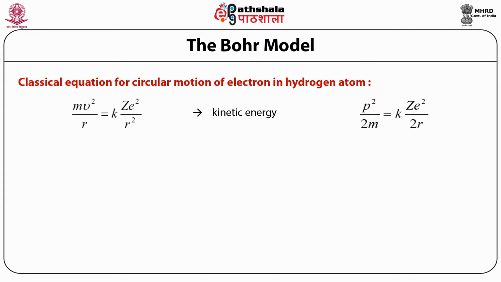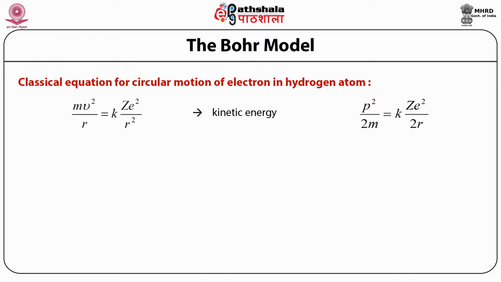If you compare this equation to the motion of Earth around the Sun, there mv squared by r is equal to the gravitational attractive force. But here, in the case of an electron, mv squared by r, the centripetal force, is equal to the electrostatic force of attraction between the electron and the proton.